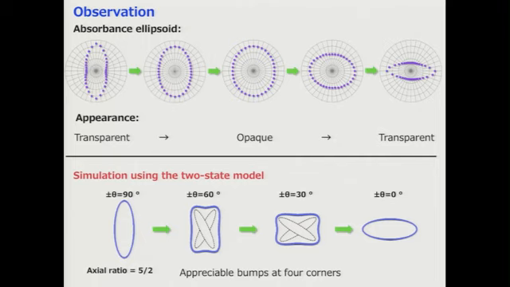For these simulations, we use the initial pattern in the undeformed state. The simulation tells us that we should have appreciable bumps at 4 corners in the patterns on the way of the director rotation. But in the experiment, we see no appreciable bumps. So I think this explanation doesn't work.